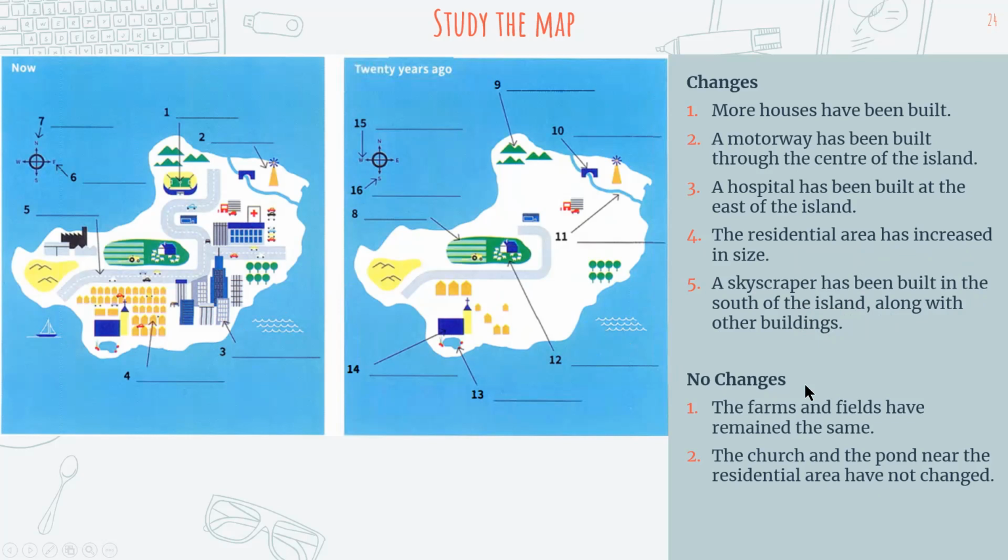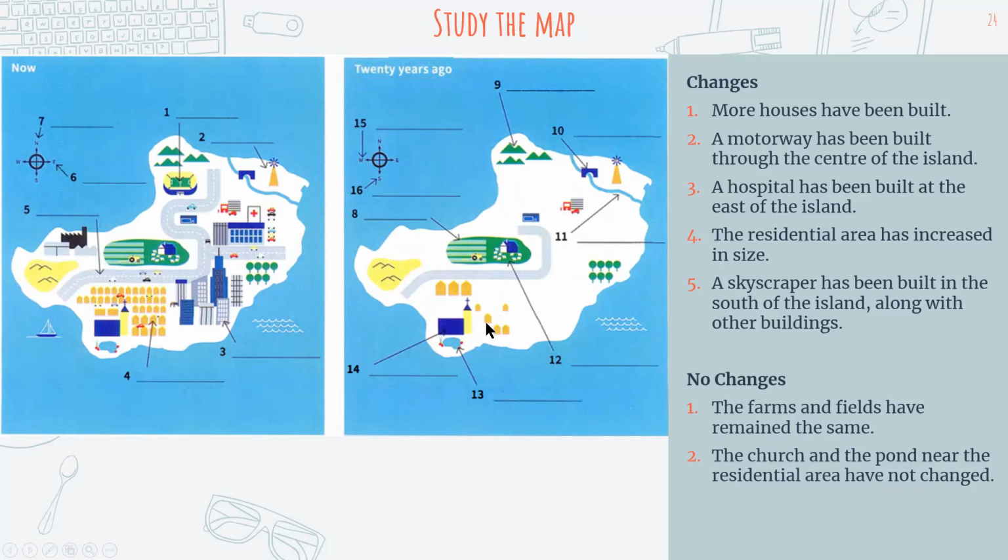And there are some things that haven't changed. The farms and the fields have remained the same, as you can see in the middle of the map. The church and the pond near the residential area have not changed. It's the same. Only the residential area has increased in size.